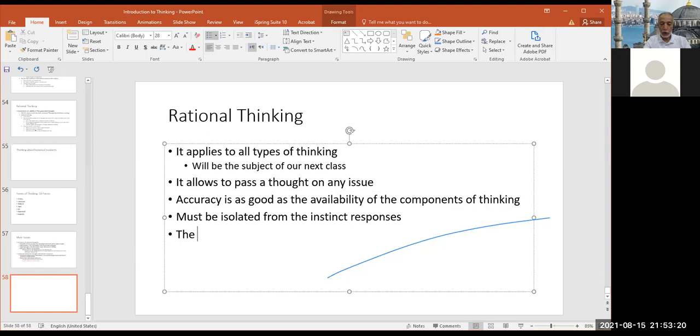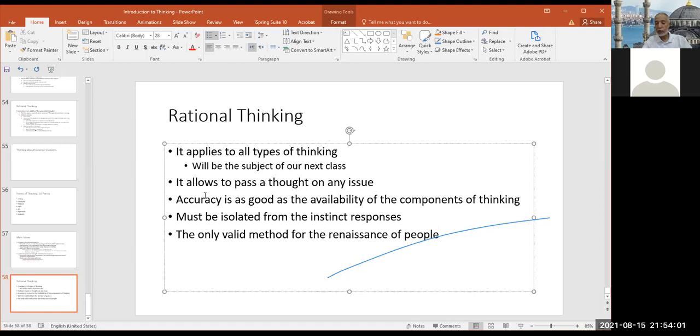It will be the only valid method for what we call the Renaissance of people. So this is very important, because without rational thinking, you cannot revive, you cannot progress, you cannot become an advanced ummah.